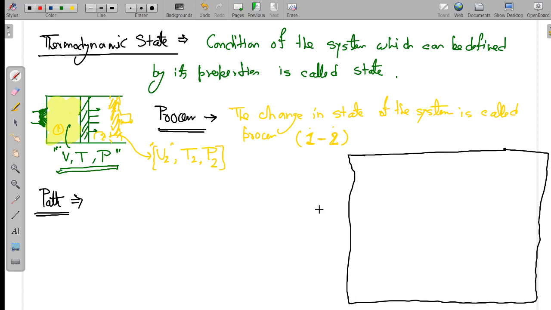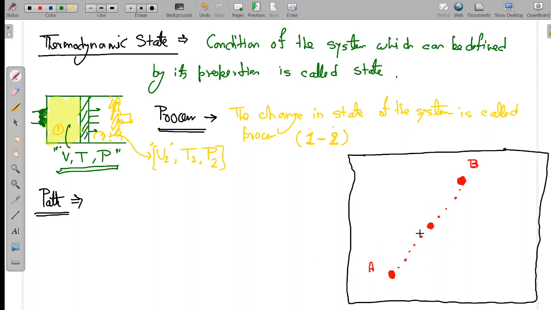Let us consider there are two locations, point A and point B, and I have to go from point A to point B. In between, there is one big location and some small locations.